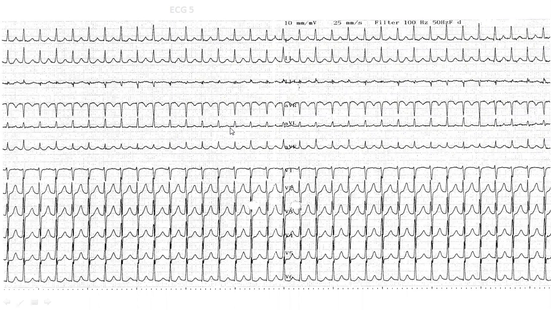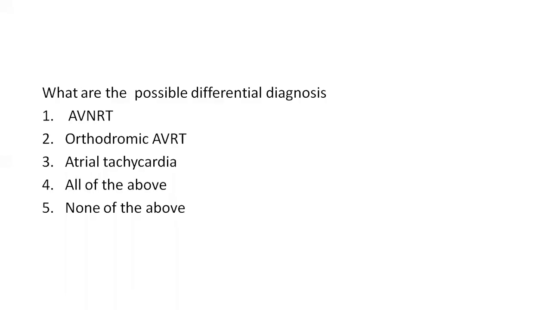Are there more P waves than QRS, or equal number? Equal number. What is the RP? Short RP. What are the possible differential diagnoses? Okay, so three differential diagnoses, all of them, right? But short RP में AVNRT पहले, AVRT बाद में, और फिर आखिरी में atrial tachycardia with first degree AV block.